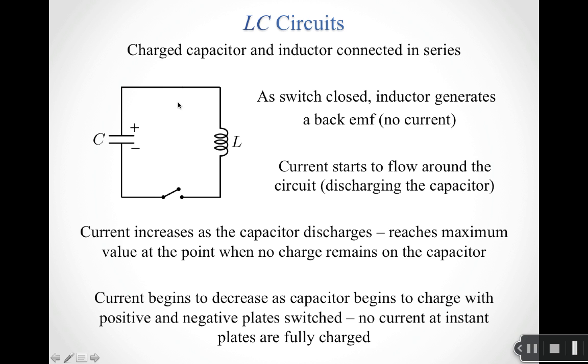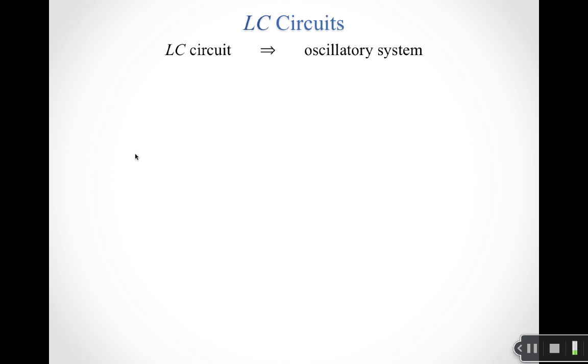Now the current will start flowing counterclockwise. It'll increase until the point where all the charge is off the capacitor. It'll then start to decrease as the charge builds back up on the capacitor, but it'll flip which plate has which charge. And so this will just continue to go back and forth, over and over again.